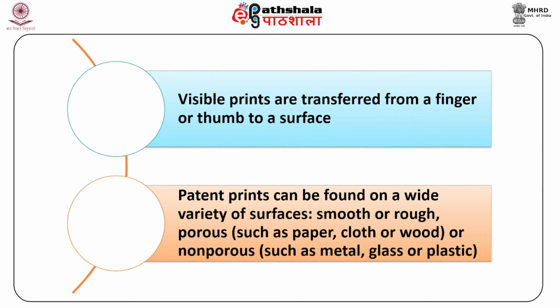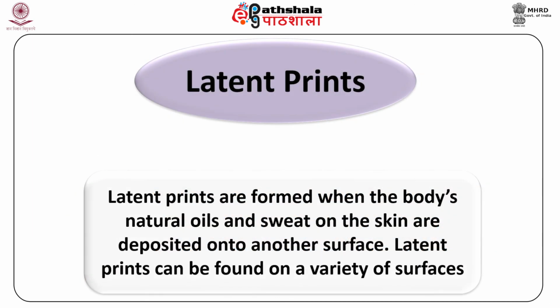Patent prints can be formed on a wide variety of surfaces, like smooth or rough, porous such as paper, cloth, or wood, or non-porous such as metal, glass, or plastic. Latent prints are formed when the body's natural oil and sweat on the skin are deposited onto another surface.